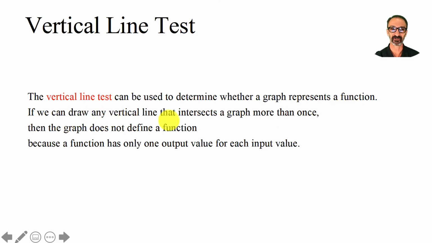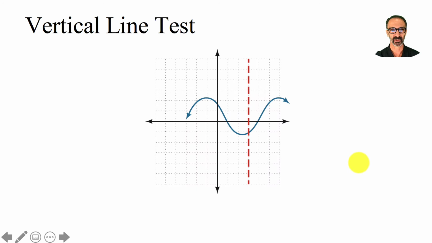If you can draw any vertical line that intersects a graph more than once, then the graph does not define a function, because a function has only one output value for each input value. This vertical line is a sample. I could draw it anywhere I want, and it's not going to cross the graph more than once. So this is a function.